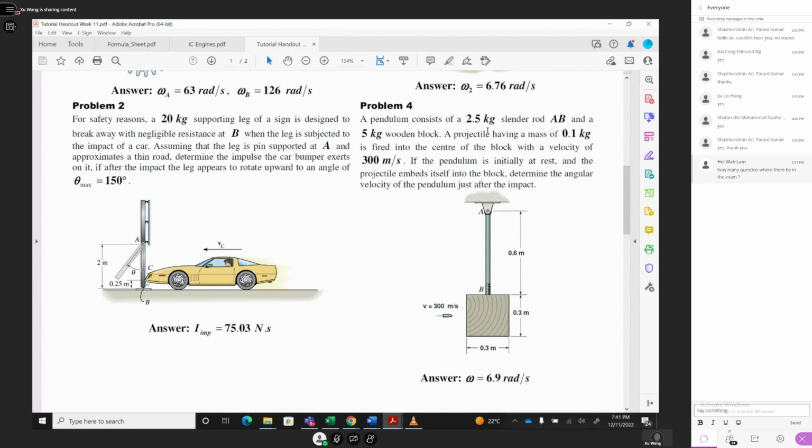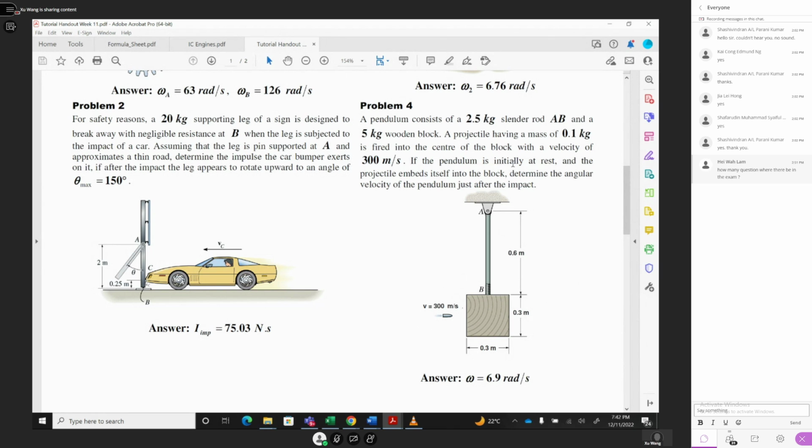A projectile or bullet has a mass of 0.1 kilogram and fires into the center of the block and stays inside with velocity of 300 meters per second. If the pendulum is initially at rest, after the impact, they have the momentum balance. They have to develop the speed of rotation omega, and then it should move up to some position and stop there.